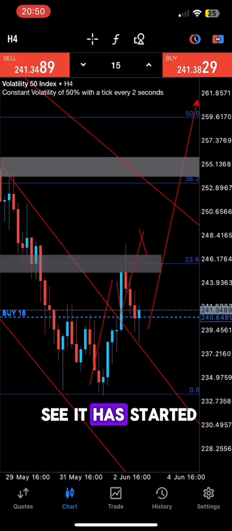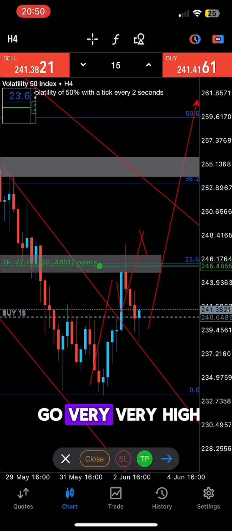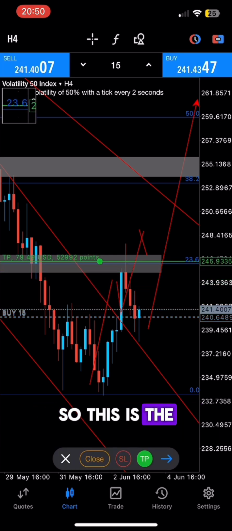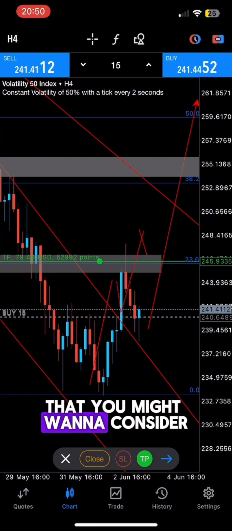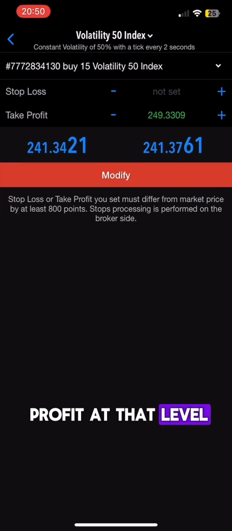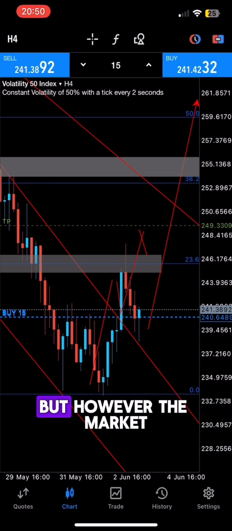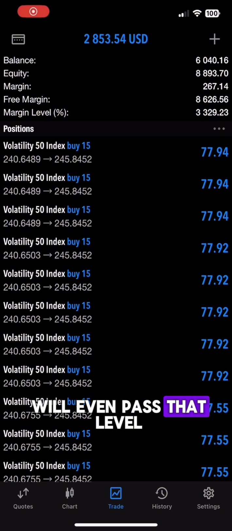So as you can see, it has started going up. It is going to go very, very high. So this is the first take profit that you might want to consider. So I'm just going to put my take profit at that level, and then I'll wait for it to reach that level. But however, the market will even pass that level.